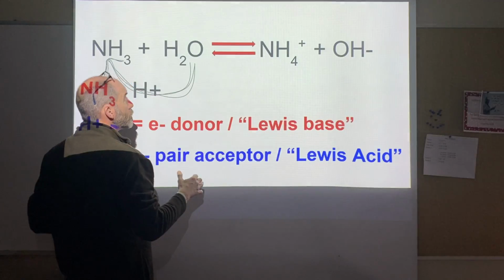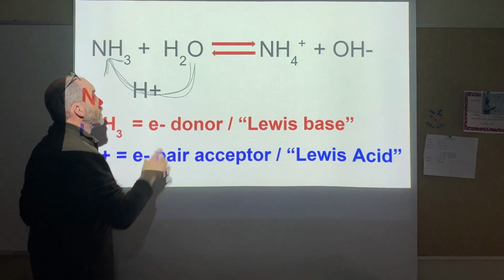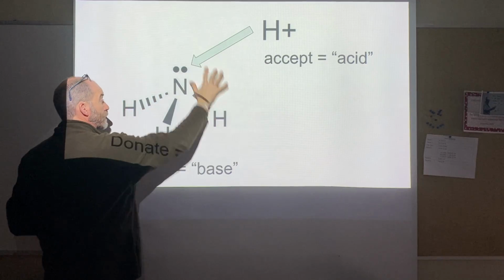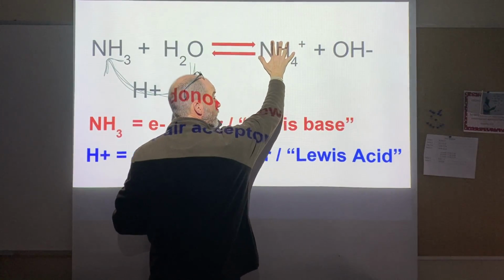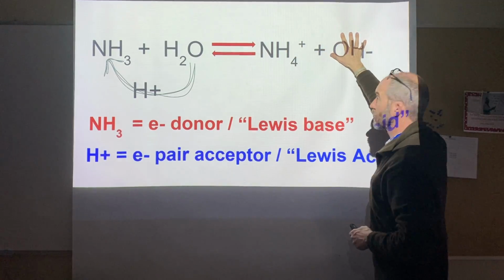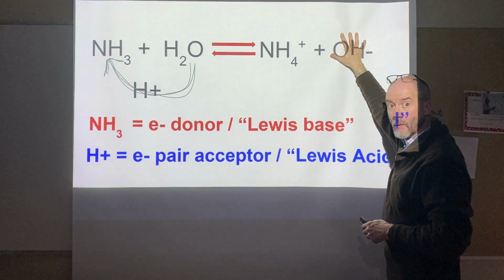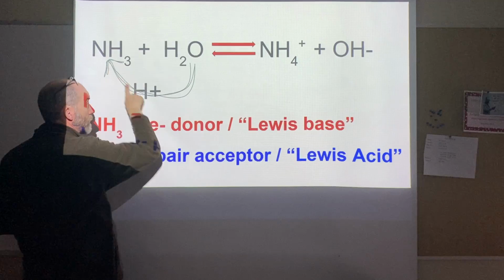So that's going to give you this slight positive here, right? But this association is going to produce this in your products. And then remember, you're going to have a good portion of this, which is what makes you a base. Why? Because this hydrogen went from here to here, right?